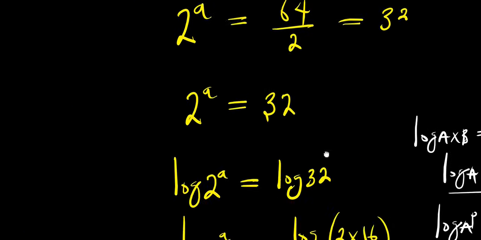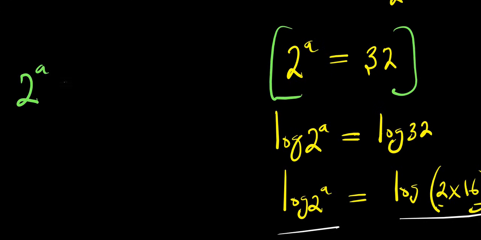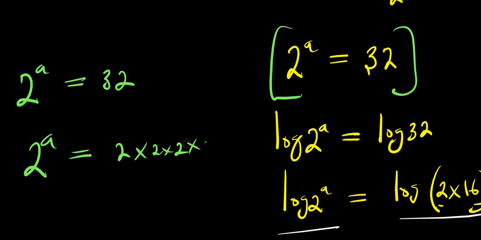Do you know that we can actually solve this without logarithm at this particular point? You have 2 power a equals 32. Remember, 32 is simply 2 times 2 times 2 times 2 times 2. That is 2 in 5 places. You have 2 power a equals 2 power 5.